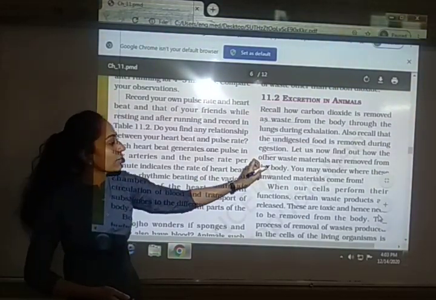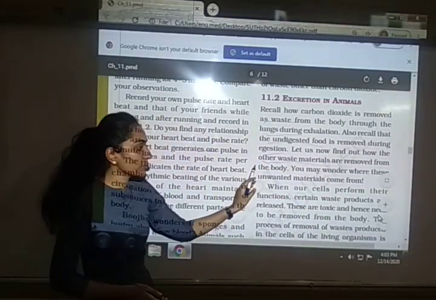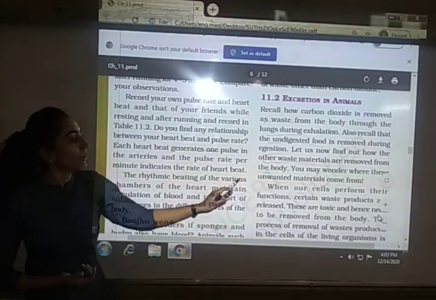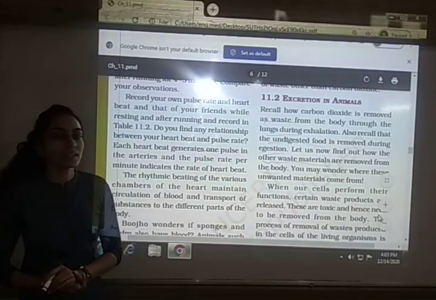So now let us find out how the other waste materials are removed from our body. You may wonder where these unwanted materials come from.